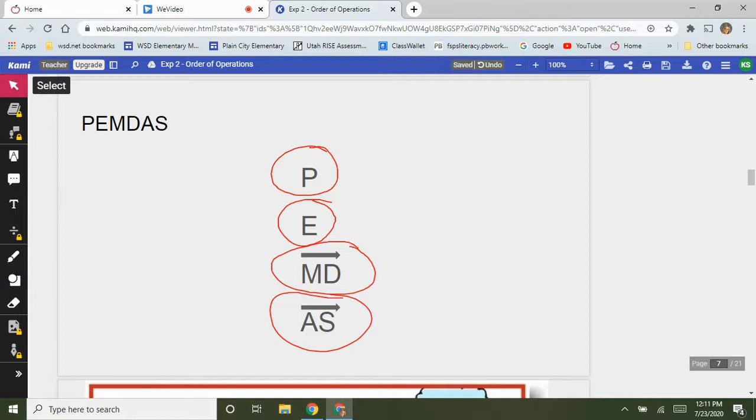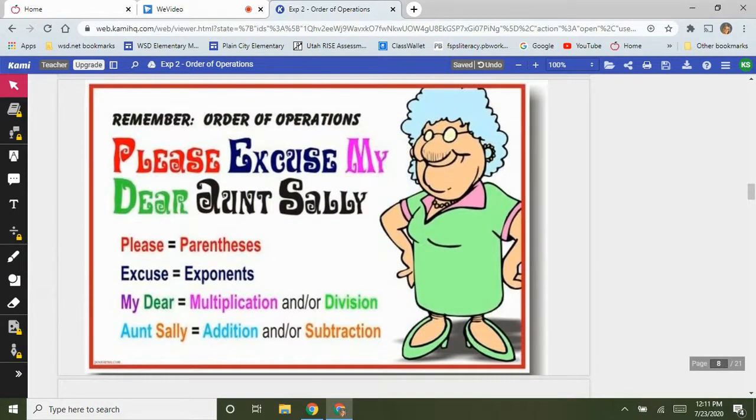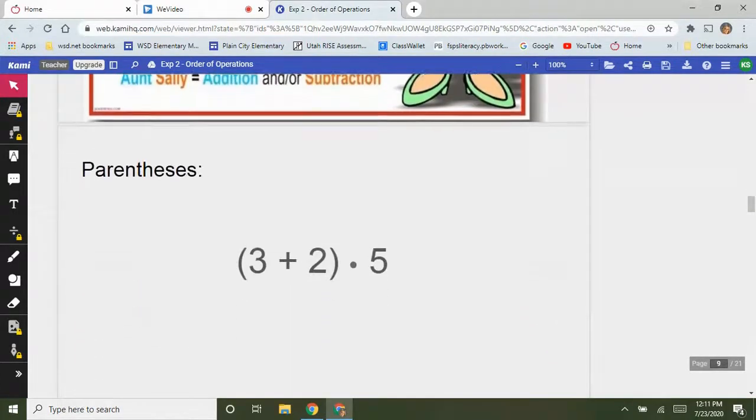You may have also heard the saying, please excuse my dear Aunt Sally. The P stands for parentheses. Excuse, the E stands for exponents. My dear stands for multiplication and division. And Aunt Sally stands for addition and subtraction. So whatever way you choose to remember it, the process is still the same.